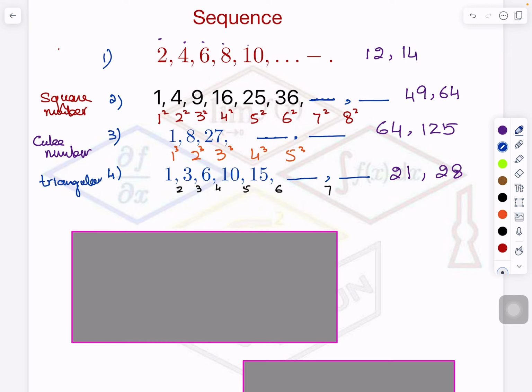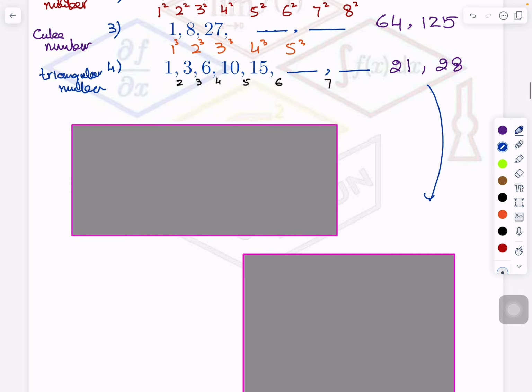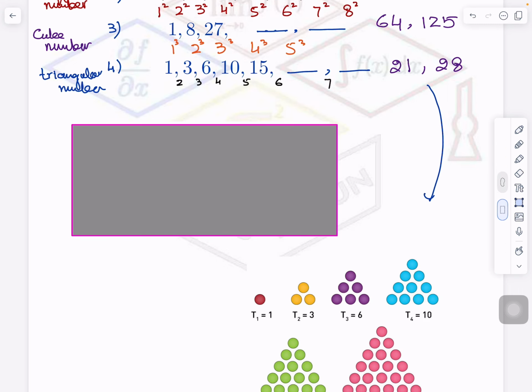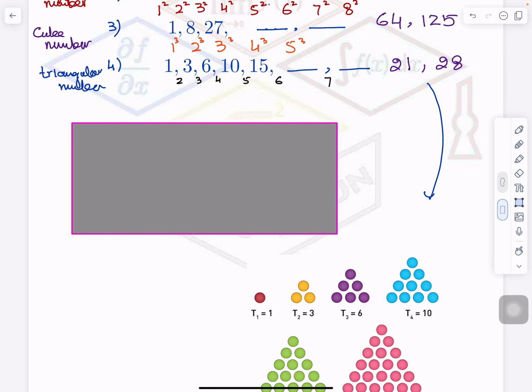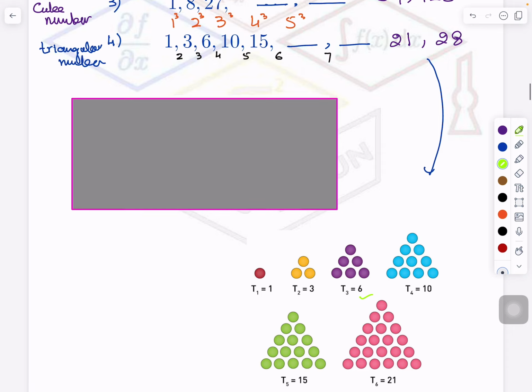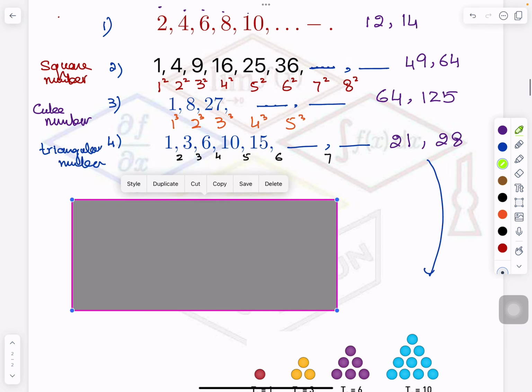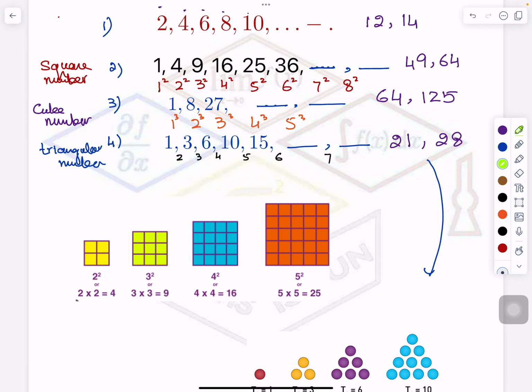Let me tell you what I mean by triangular numbers. See here in this one. First number was 1, then 3, then 6, then 10, and so on. So this is triangular numbers, and here square numbers.